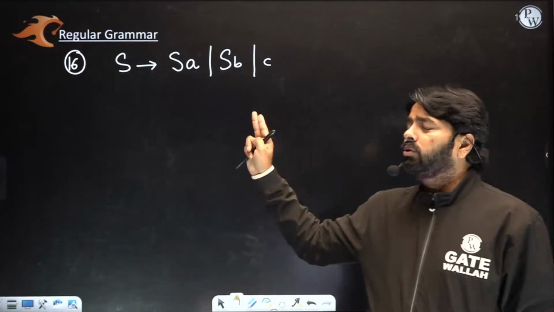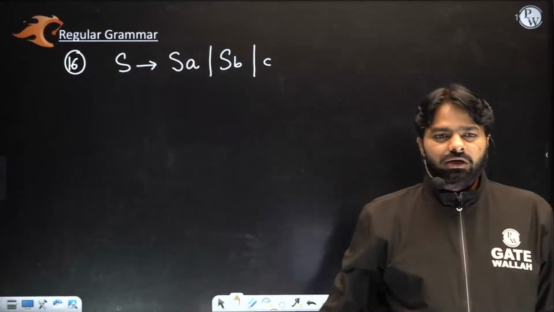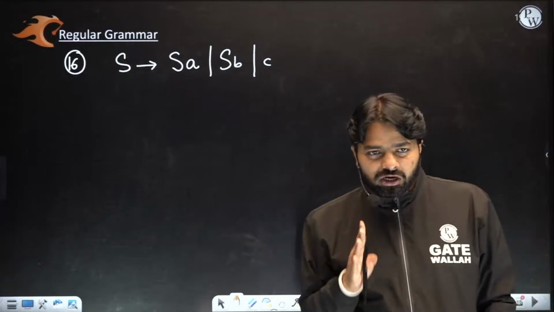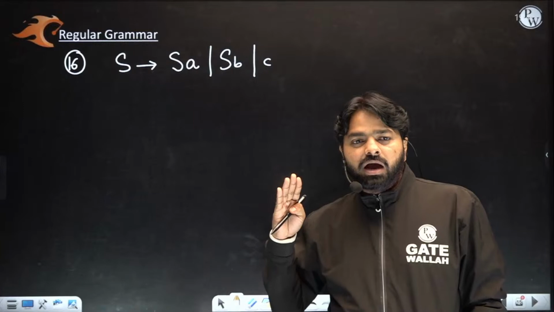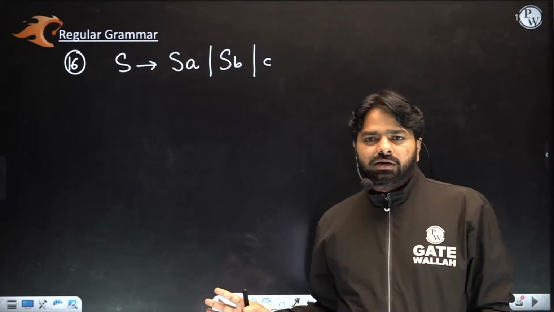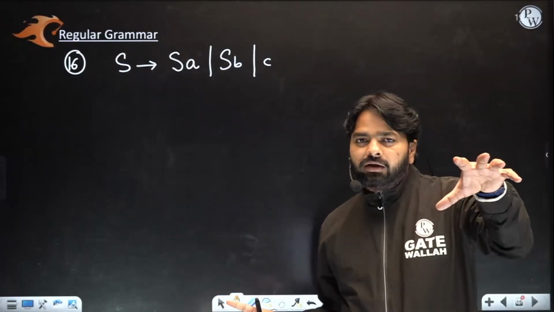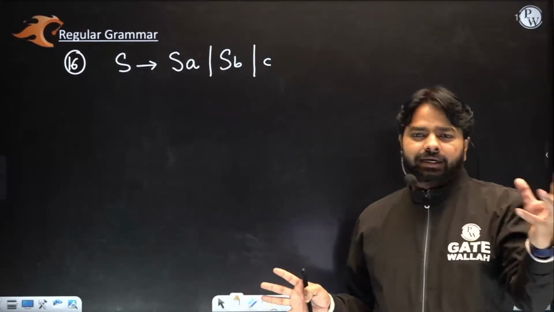Now how are you going to understand the language? So don't try to write an expression right now. When you look at it the first time, understand what it does.